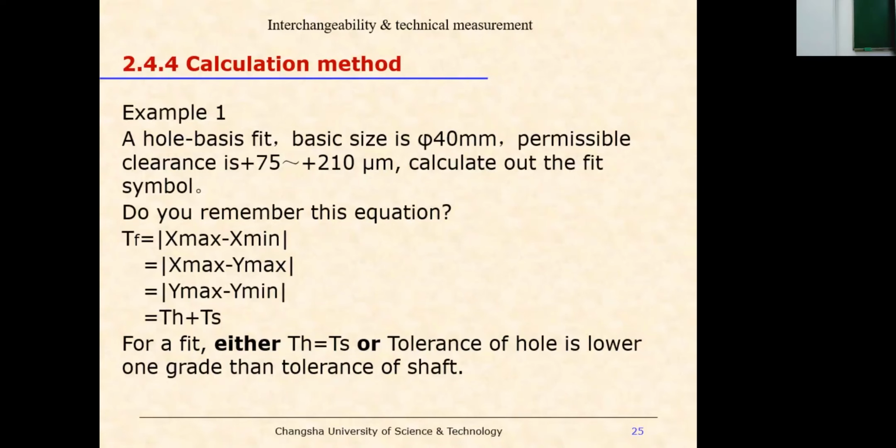Permissible, so here 75 to 208 is the clearance. If this is short, this is the hole clearance. The maximum clearance is lower than that. If the maximum clearance is lower than 200, then the minimum is not.